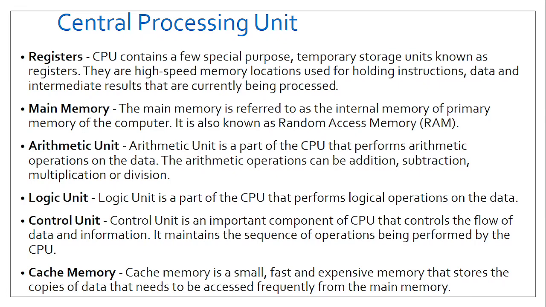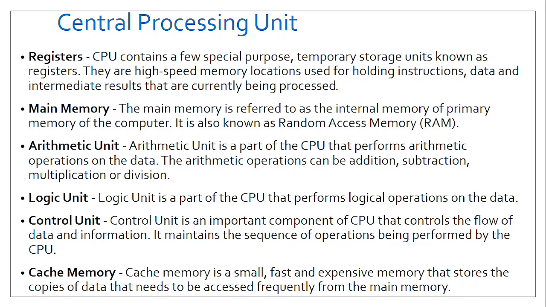And of course, we have the control unit, which plays a very crucial role in managing the flow of data and information within the CPU. Ideally, without the control unit, the CPU can be overwhelmed with the instructions getting inside from the input devices. And lastly, the other part that we need to understand is the cache memory.